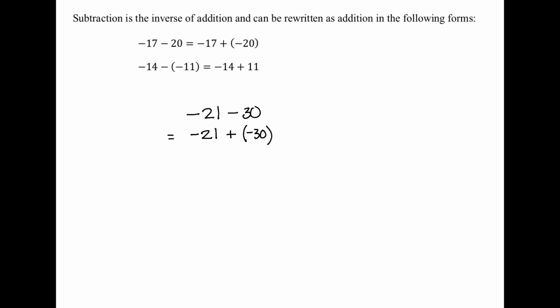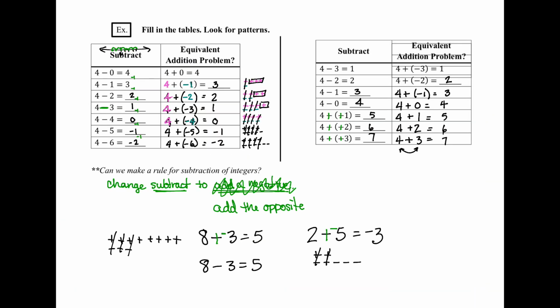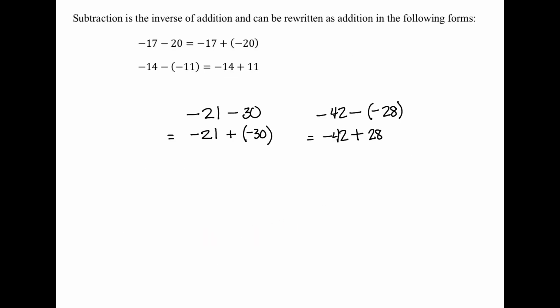Okay, if I had a negative 42 minus negative 28, the first one stays, and now you're going to change the second one to add and change the sign of the negative 28 to positive 28. Okay, what that does is this change to subtract to add the opposite. And this is what it looks like specifically without rewriting the problem.